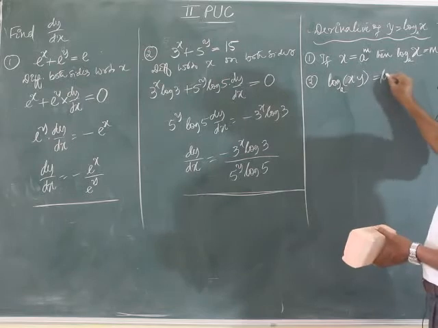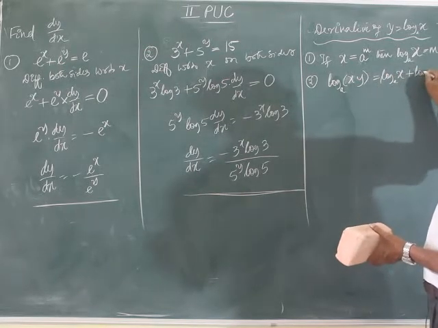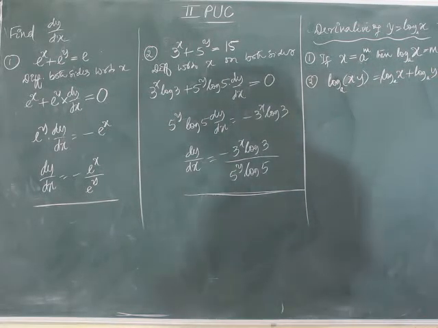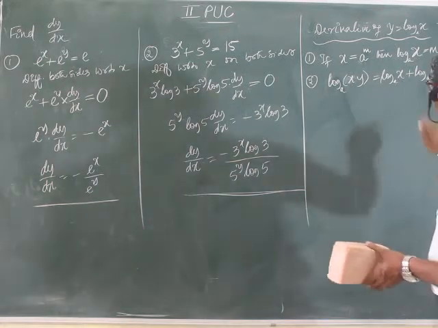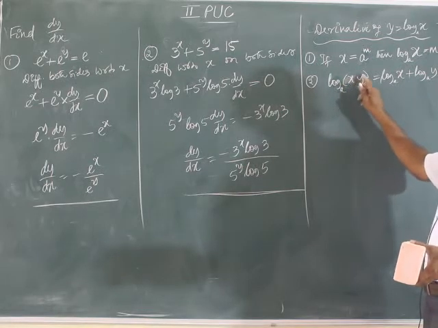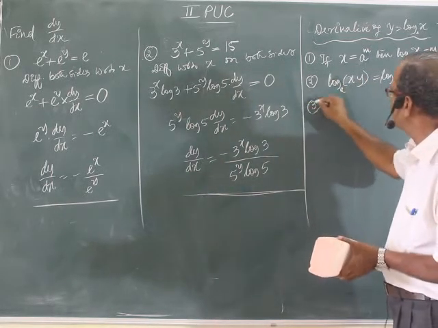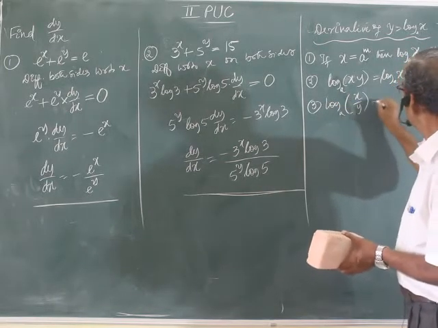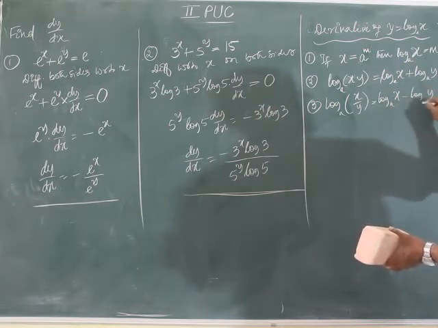Log x into y is log x to the base a plus log y to the base a. Logarithm of the product is a sum of the logarithms. Very important property of log. Similarly, quotient, x by y: log x minus log y.